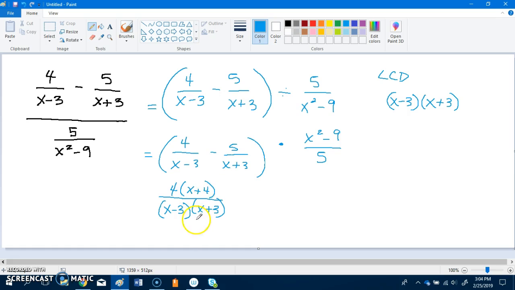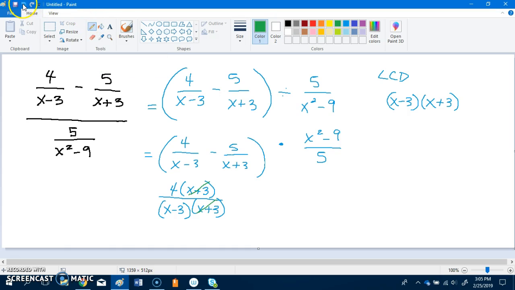Not plus 4, x plus 3. You can see this is an equivalent fraction because I could cancel both of these out and I'm left with what I started out with, 4 over x minus 3. So that's how I know I have an equivalent rational expression.